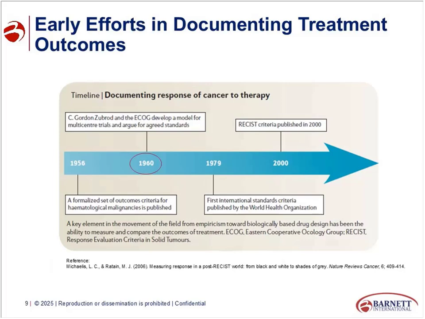And then they also argued for the development of criteria for including and excluding subjects, assigning treatment, and measuring response. As a side note, Dr. Zubrod and ECOG were also responsible for developing the ECOG performance status, or you might hear ECOG scale or ECOG score. And if you have any experience in oncology, you will be familiar with that acronym. And we will touch a little bit on ECOG later in the presentation as well.